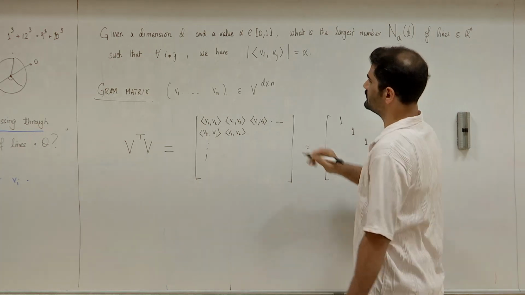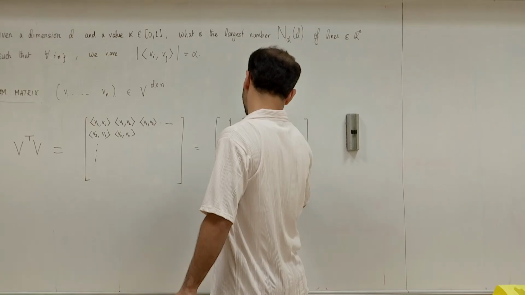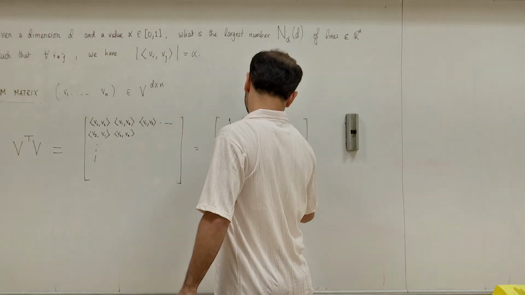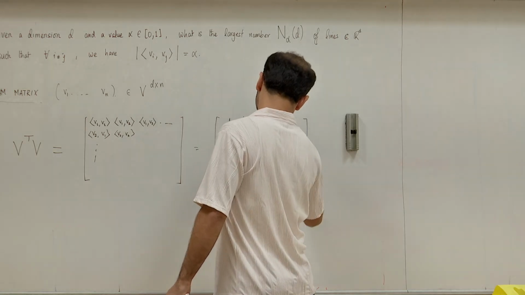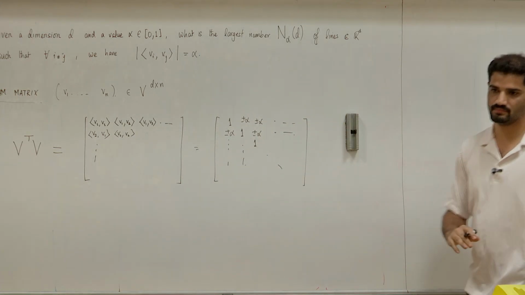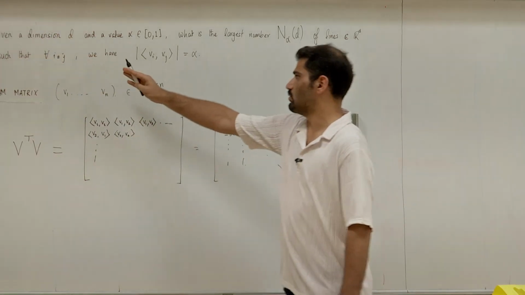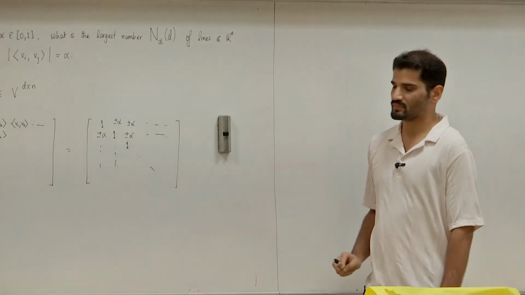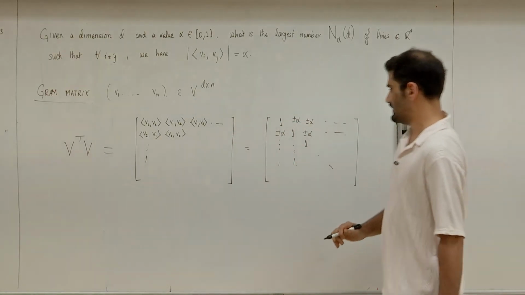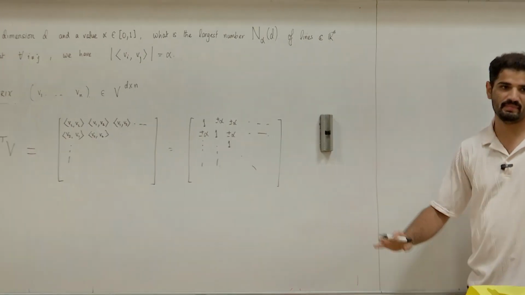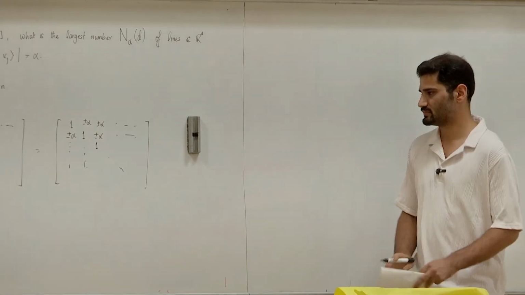And we know the inner product between any two different i and j is plus or minus alpha, so all the off-diagonal entries would be plus or minus alpha. So our question is, given a dimension D and alpha, what is the largest number of vectors n such that once you compute the Gram matrix, it has 1 on the diagonal, and every other entry has magnitude alpha.